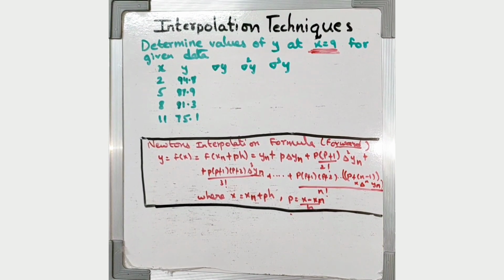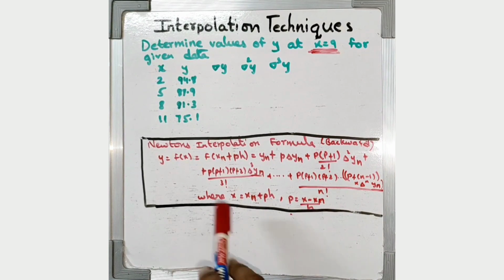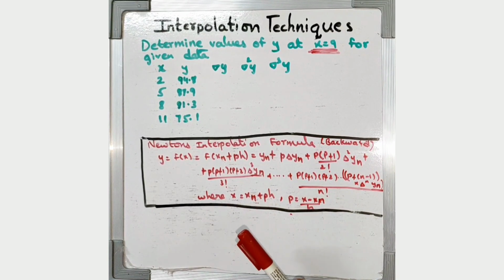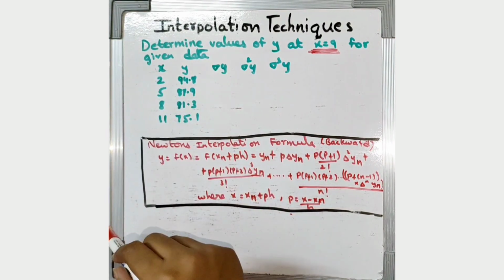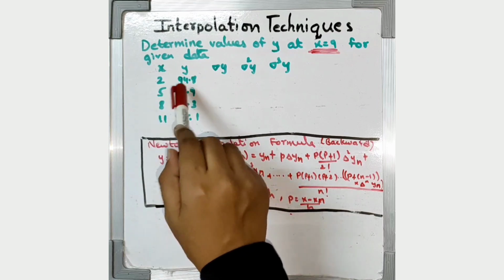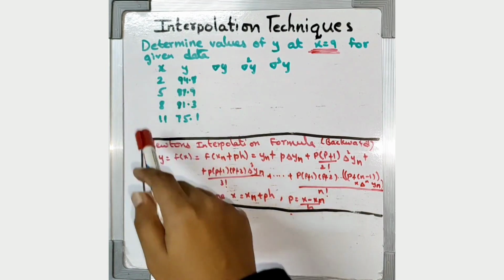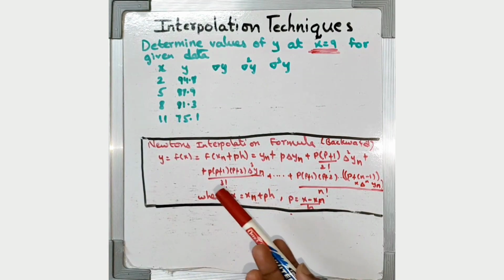Now we'll start with Newton's interpolation backward formula. Till now I think you have understood why we use these interpolation techniques, just to find the intermediate values, the middle values for the given data of x and y values.